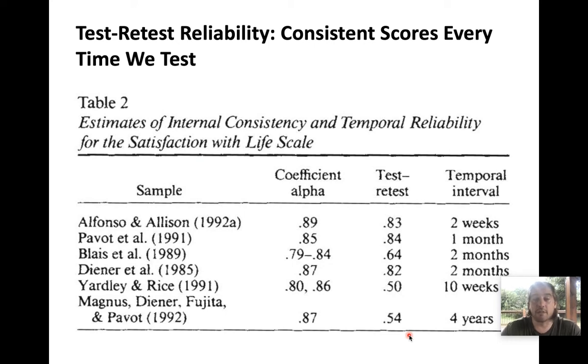Something like life satisfaction, we would expect very high test-retest reliability over short intervals, and we would expect to see that reliability decrease with longer intervals. It just makes sense for what the variable is. So in general, we want very high test-retest reliability, especially over short intervals.